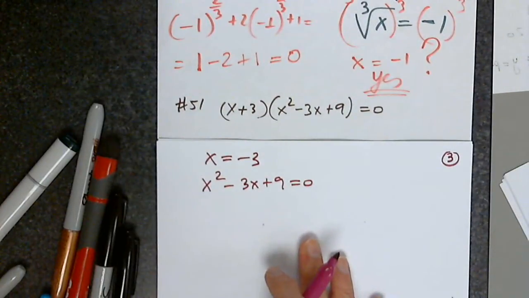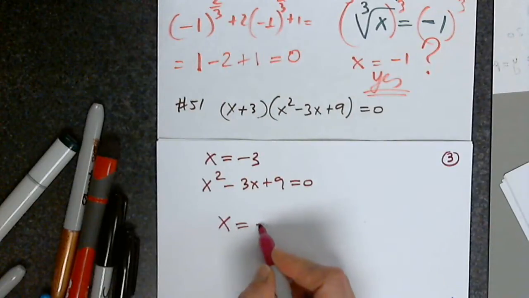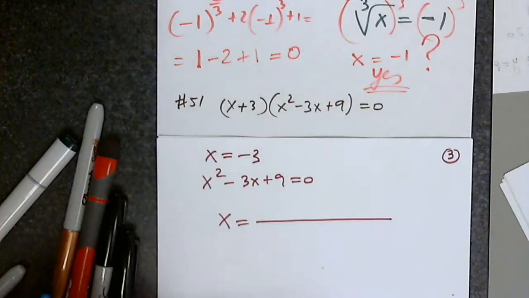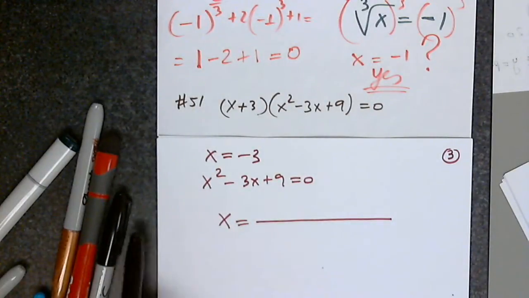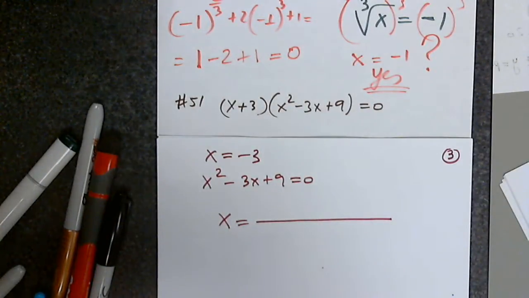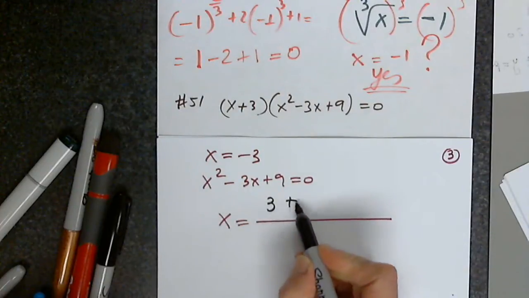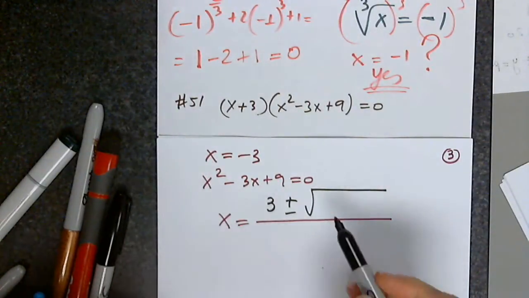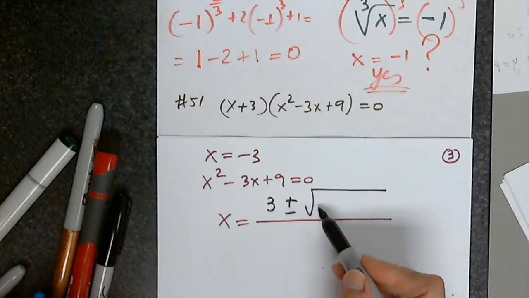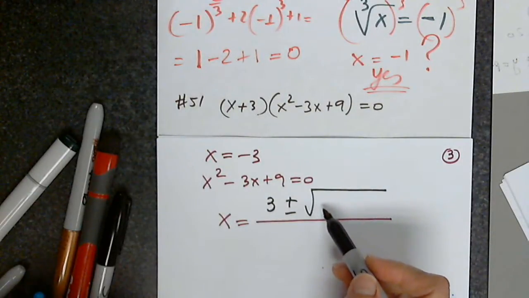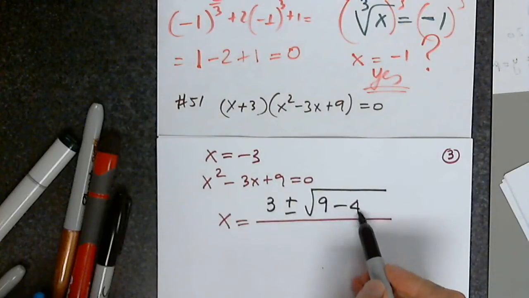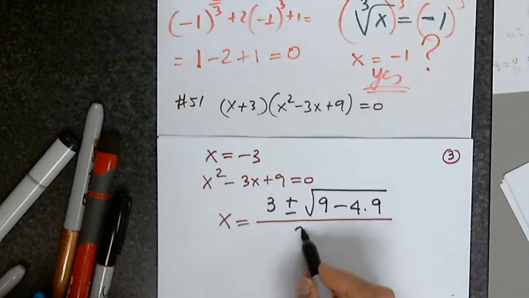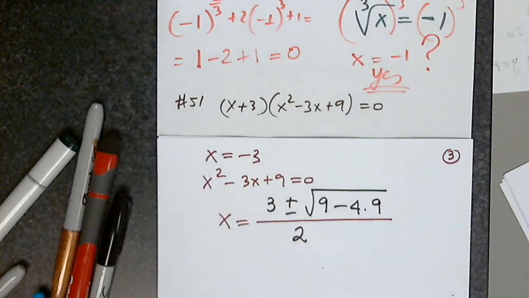Don't try to factor. This isn't factorable. So my only chance is the quadratic formula. -b plus or minus b squared. And you cannot start with a negative number here. Exactly. Minus 4 times a, which is 1, times c, which is 9, over 2 times a.